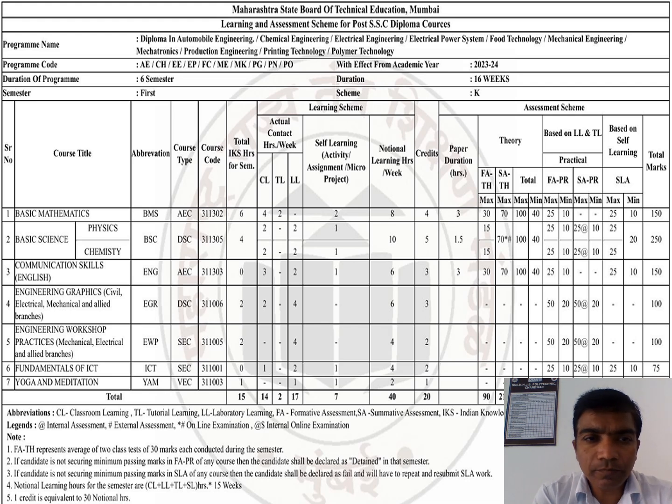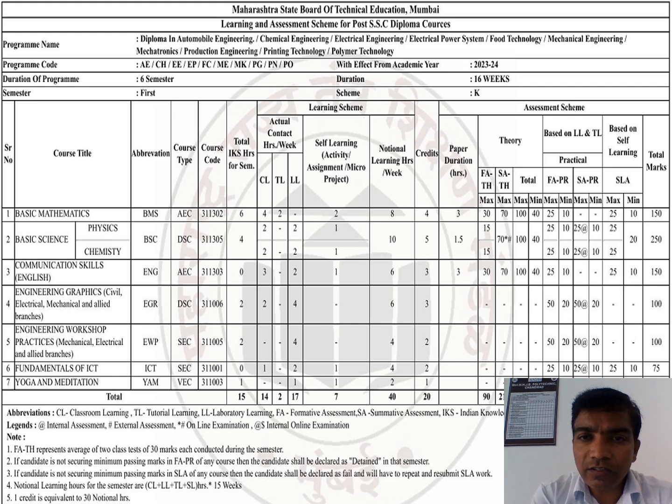At the same time, in these courses, there are specific hours allocated to Indian Knowledge System, IKS, and also self-learning activities. Under self-learning activities, the student has to complete activities like financial literacy, Unnat Abhiyan and NSS activities.